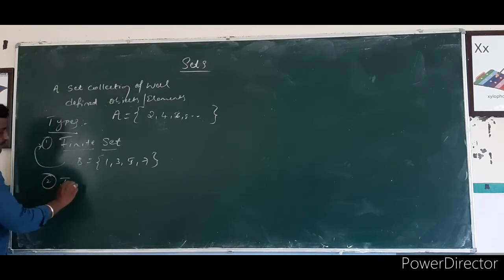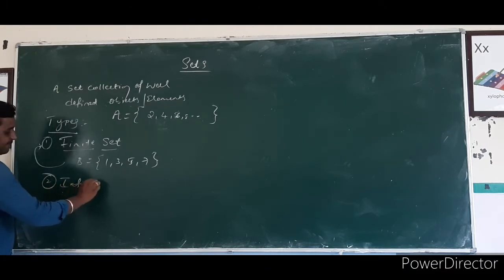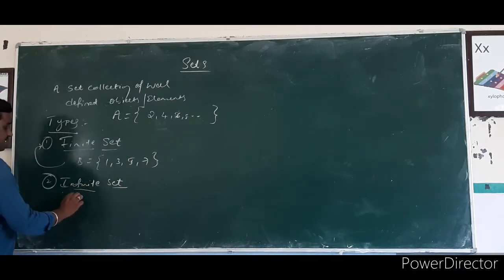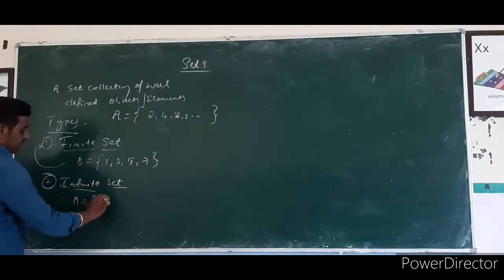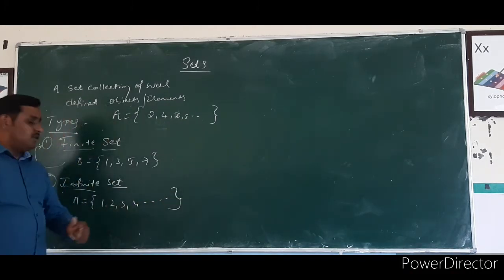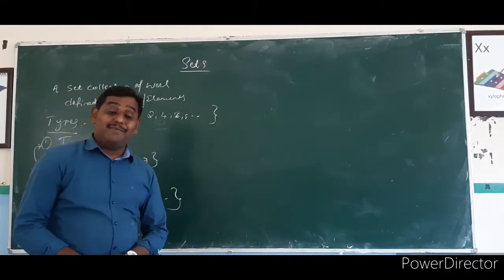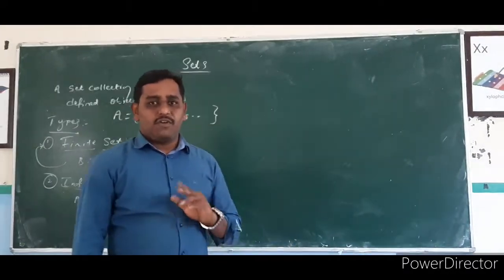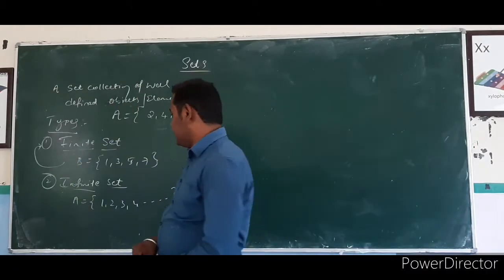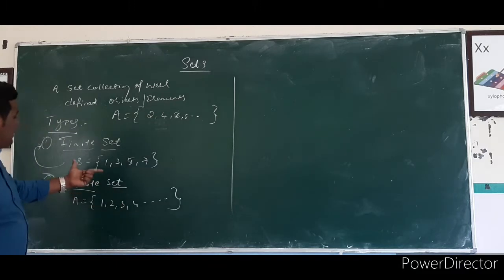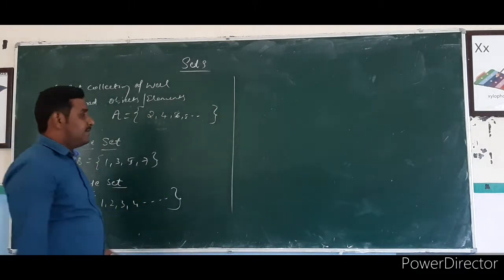Second one is infinite set. If I consider the elements and they are not countable, that type of set we call infinite set. Here elements are not counted, whereas in the finite set, elements are counted.